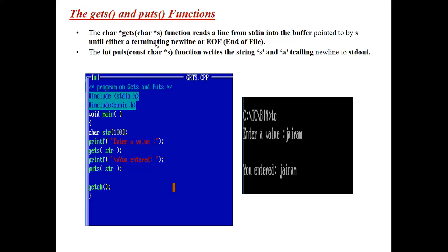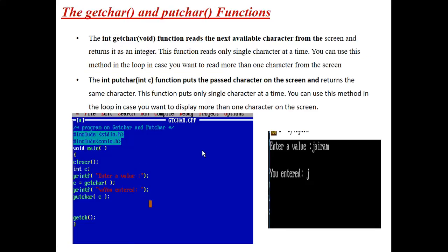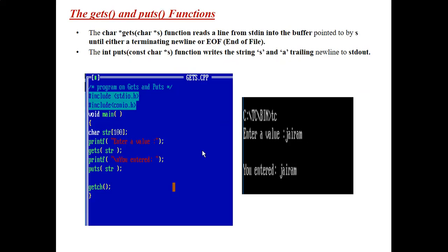So this is the main function here. First of all, let's observe the difference between the getchar and putchar functions, and the gets and puts functions. What is the difference between these functions? In the gets function, it takes all the characters at a time. Suppose after compiling and executing the program, it asks me to enter a value. I have entered my name, Jairam. Then I press enter. It prints my total name.